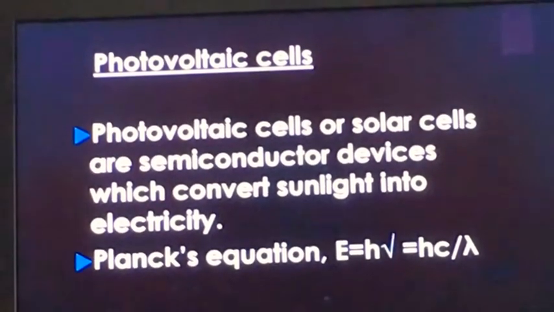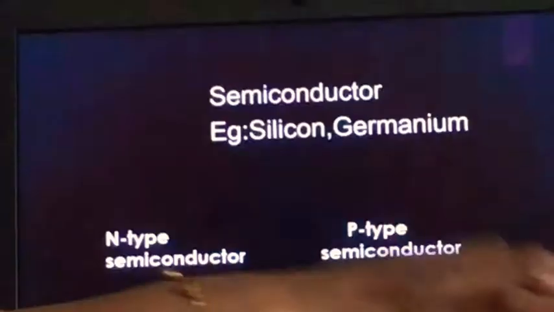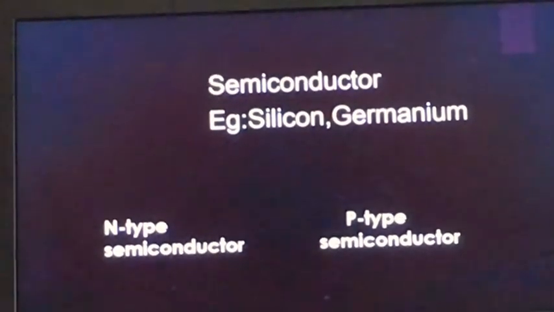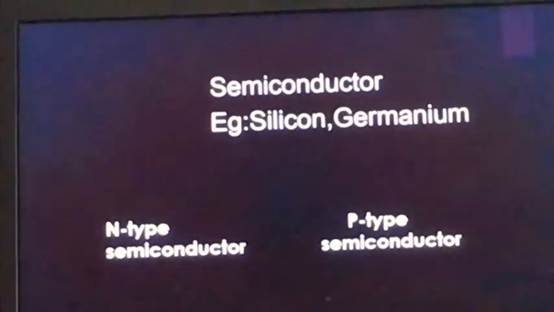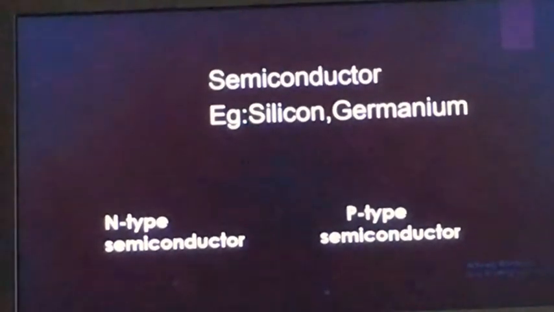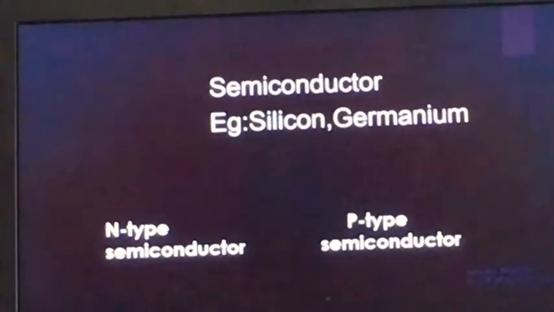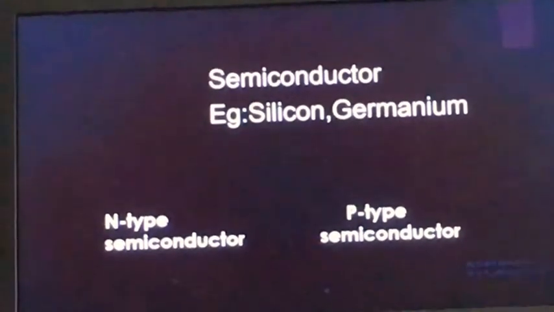Now what do you mean by semiconductor devices? What do you mean by semiconductor? Semiconductor means materials whose conductivity lies between those of conductors and insulators. Examples for semiconductors are silicon and germanium.